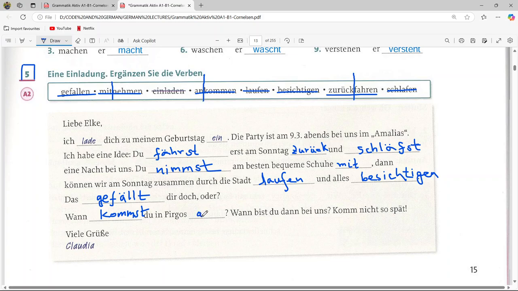So this one becomes kommst in Pyrgos an. So when are you coming to Pyrgos? Pyrgos is a city in Greece. So when are you coming to Pyrgos? Wann bist du dann bei uns? So when will you be with us? Komm nicht so spät. So don't come so late. Viele Grüße, Claudia. So best regards, Claudia.